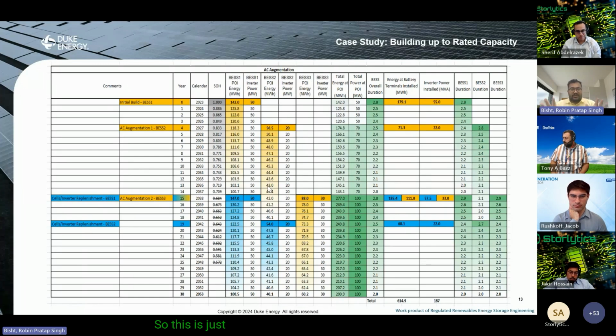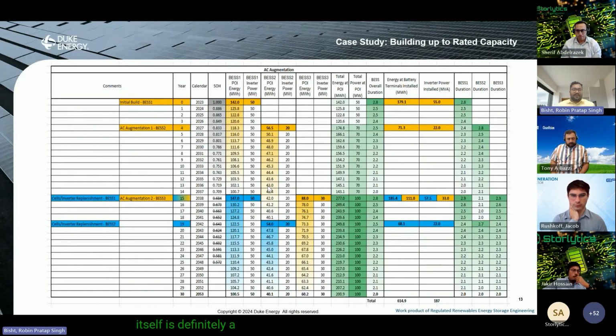So this is just a representative augmentation strategy that we were building for one of our projects, where the capacity was being built up to the 100 megawatt capacity rather than having 100 megawatts at year zero. What we tried to do is align the augmentation and cell replenishment or cell replacement, so that we can have minimal downtime of the facility itself.